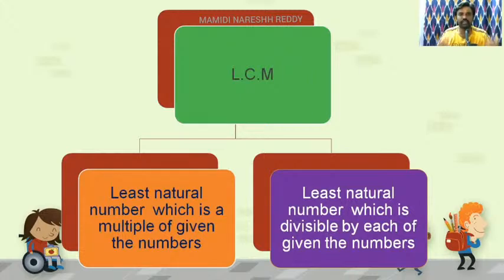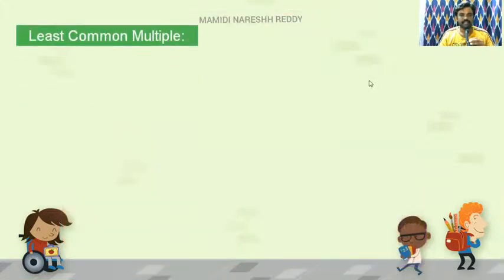I'm taking two numbers, for example 2 comma 8. Got the point? And I am also taking these tables. I don't mention the direct method to find the LCM here.